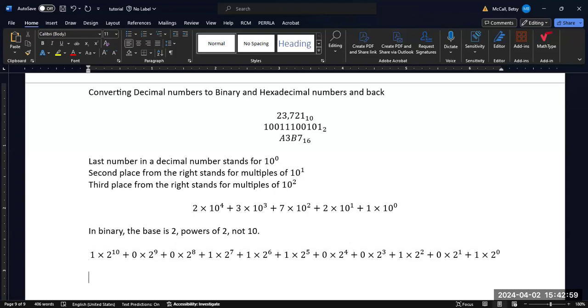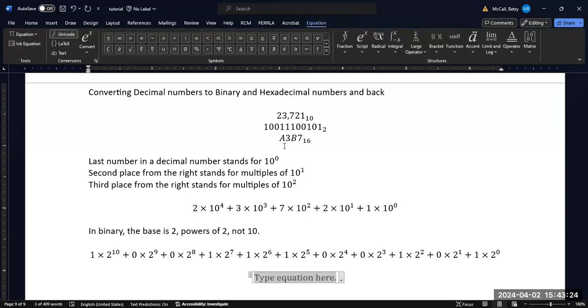And then in hexadecimal form, we ran out of digits, 0 through 9, that's our 10 digits. So to get all of the numbers up to 16, we go 0 through 9 and then A, B, C, D, E, F to get to 15. So A represents 10, B represents 11, C represents 12, D represents 13, E represents 14, and F represents 15.